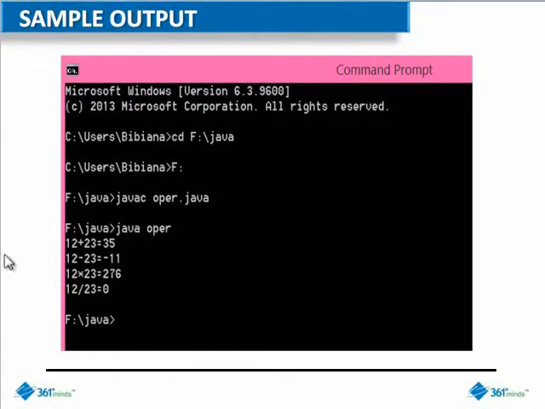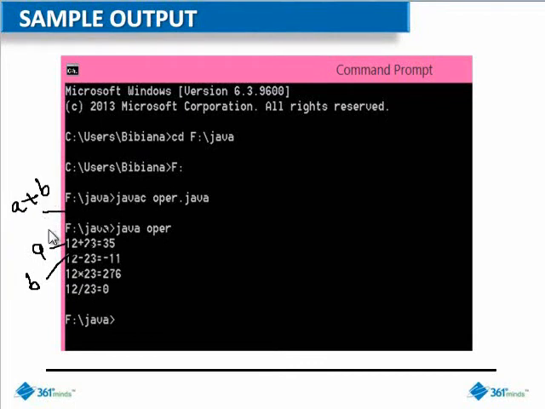When I run the program, it reads as 12 plus 23, and the equal to within the quotes is just printed there. So 12 is the value of A, 23 is the value of B, and 35 is A plus B, where plus is the operator.